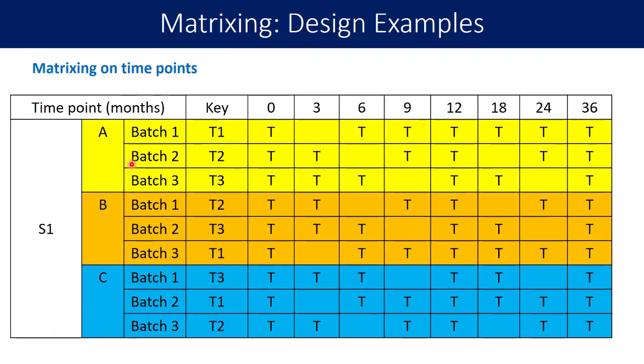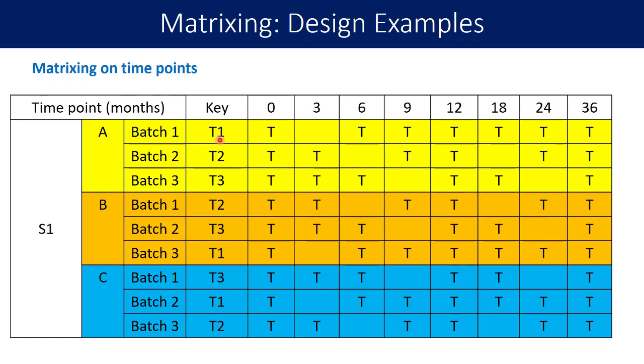This is the exact stability plan that you will come across, where matrixing is done on only time points. So here is the key for strength S1, the first strength, and I'm talking about container size A, and look here at batch 1.